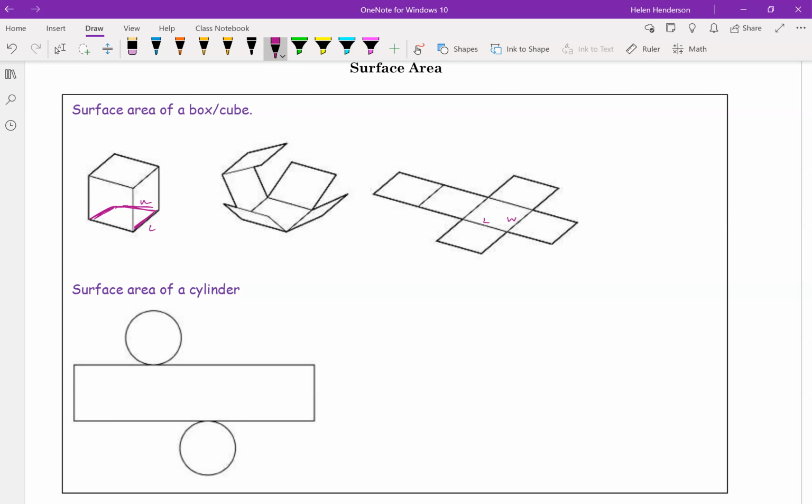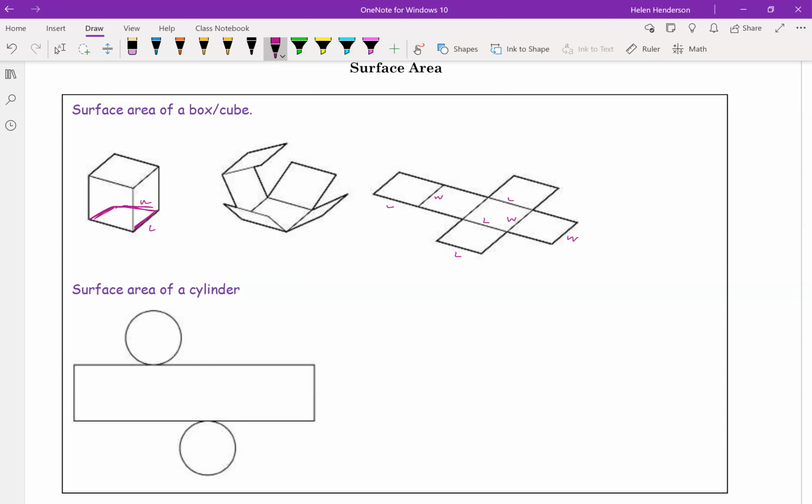But that's also here. And then this is length, and this is length, and this is still width.